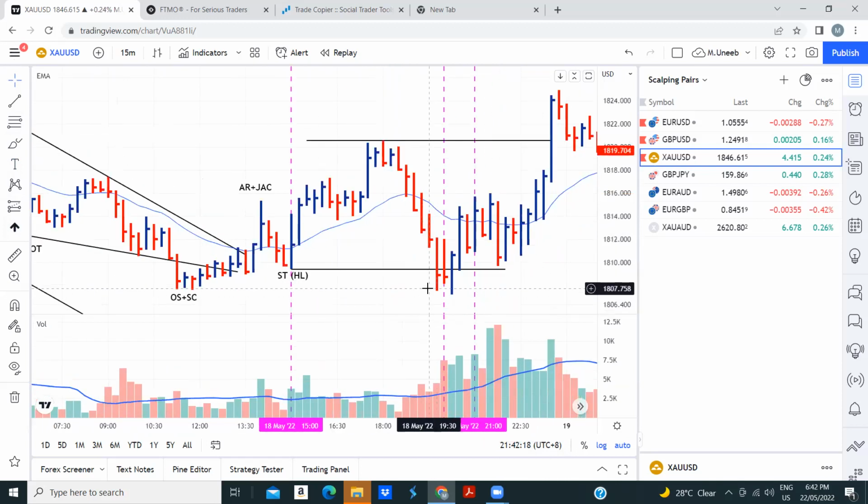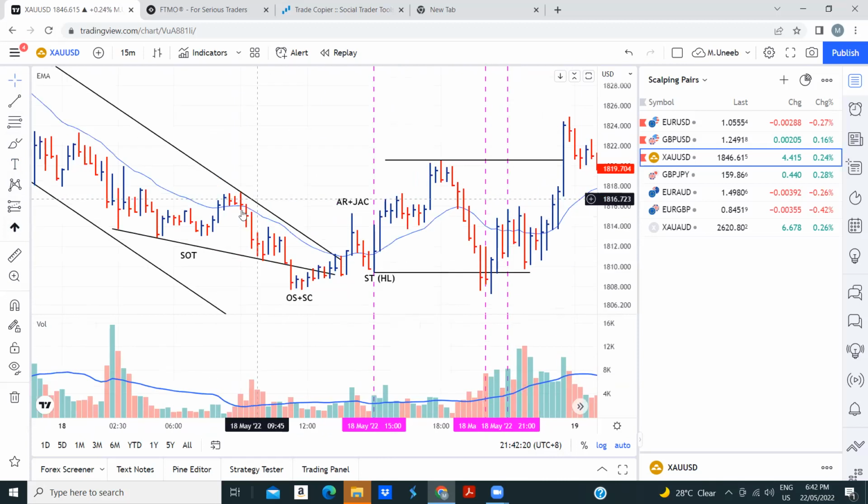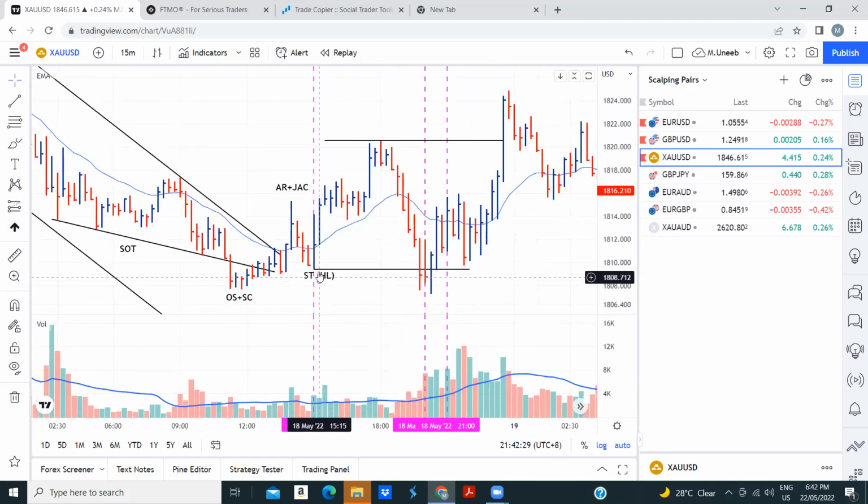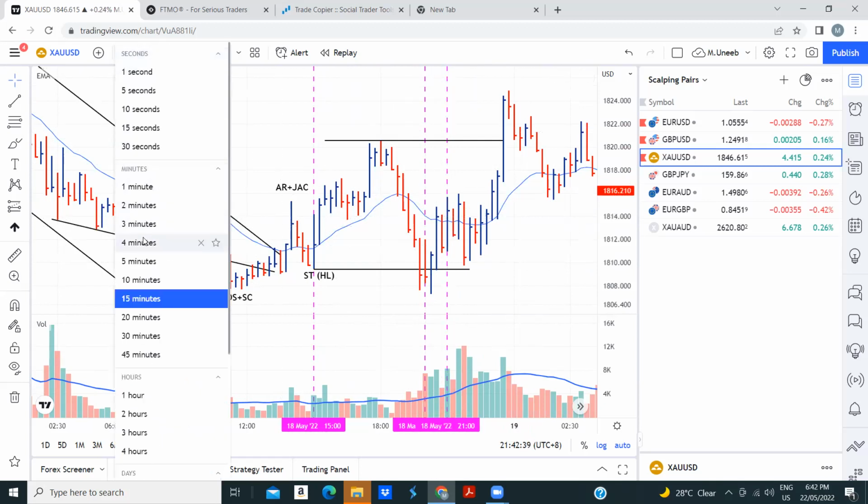Now, do you understand what our bias is? Before London Open, our bias is bullish, right? So between London Open high and low, the bias is bullish, right? So now we go to the 5-minute chart and define a structure.